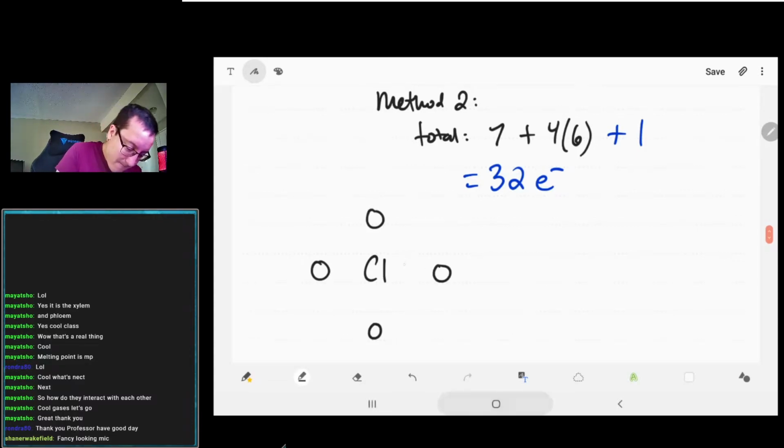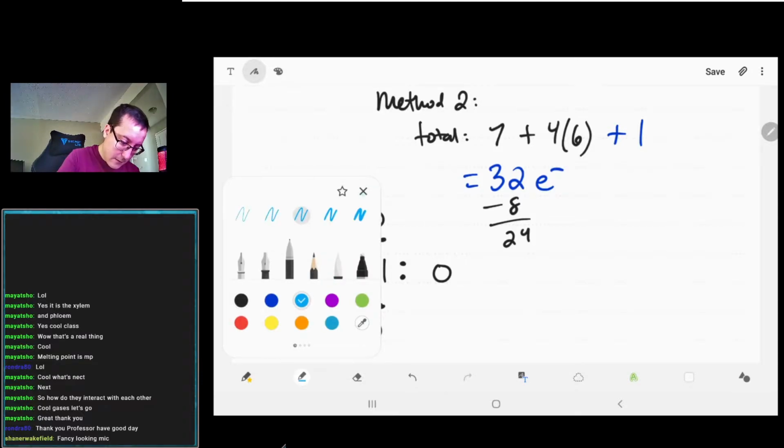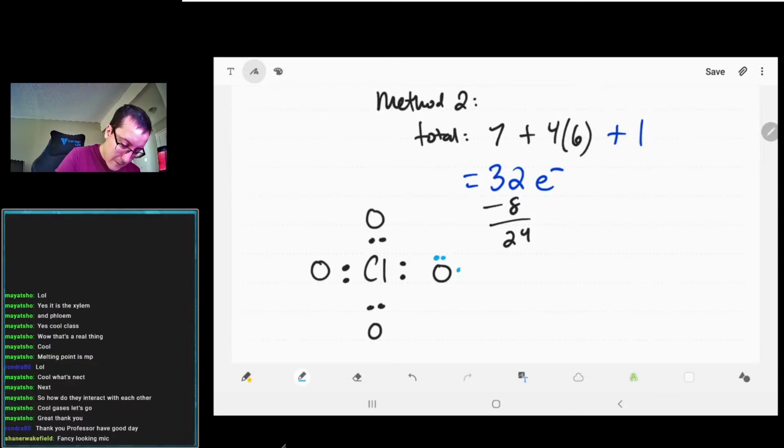Skeleton time. We have used 8 electrons. We have 24 left. Six, 12, 18, 24.